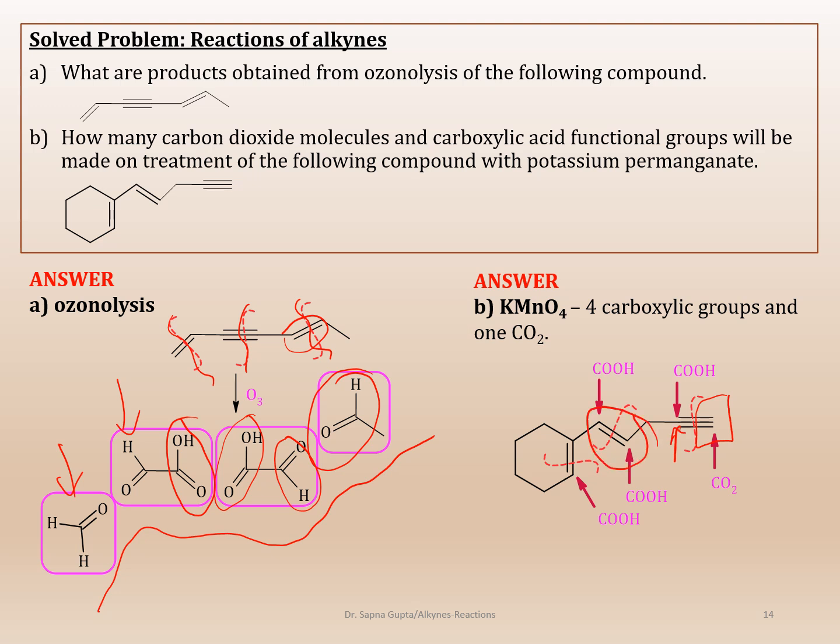Alkenes give us carboxylic acids, and then 1 carboxylic acid from this carbon. This, because it is more substituted, will give us only a ketone. It will not give us a carboxylic acid. So 1 carbon dioxide, 4 carboxylic acid functional groups.